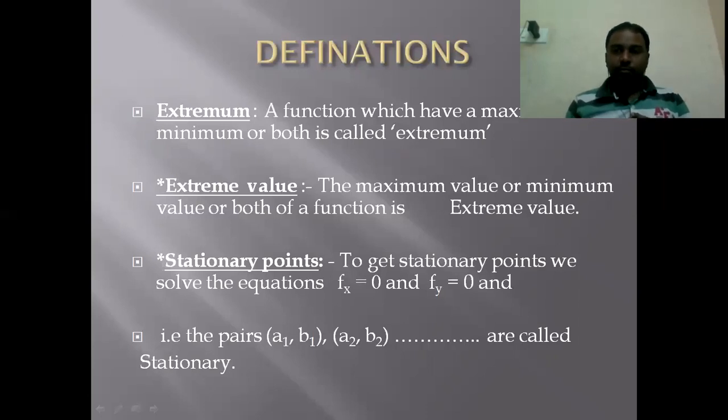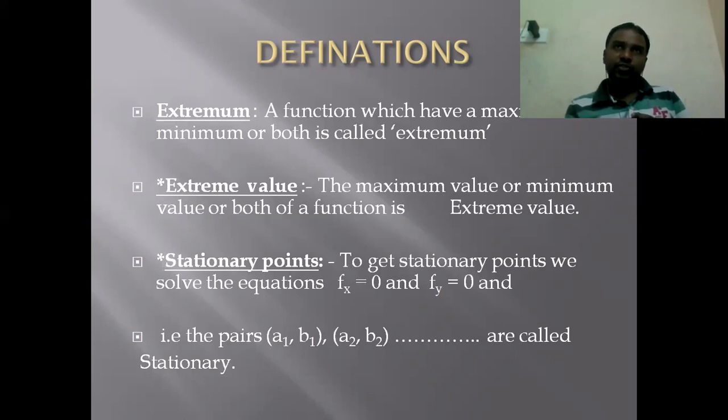In this area we can also find stationary points. Based on the stationary points we can estimate whether the point is a maximum or minimum. The definition of a stationary point: to get a stationary point, we find the derivative of that respective function.